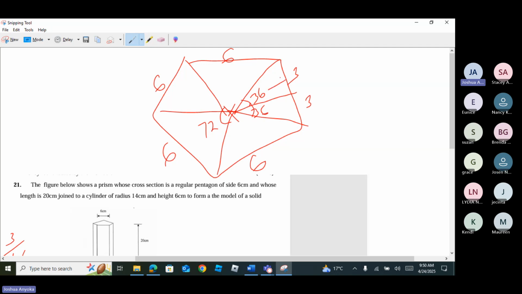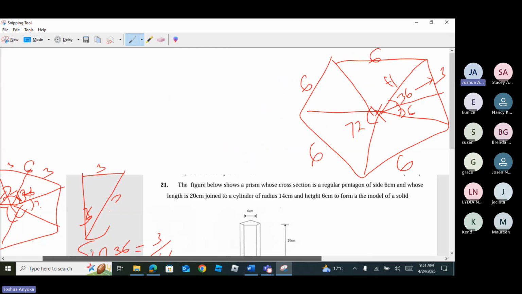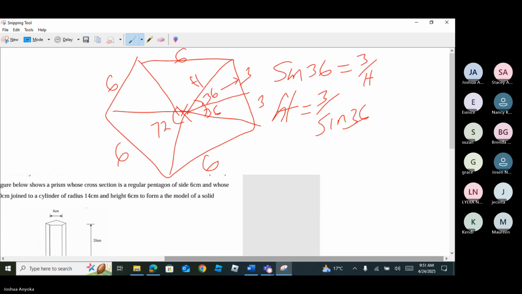Considering 36, this is the opposite and this is the hypotenuse. So sine 36 equals opposite 3 over hypotenuse h. So h equals 3 over sine 36. Working it out, it gives us 5.1. H becomes 5.1 with our calculators. So this is 5.1 and 5.1.